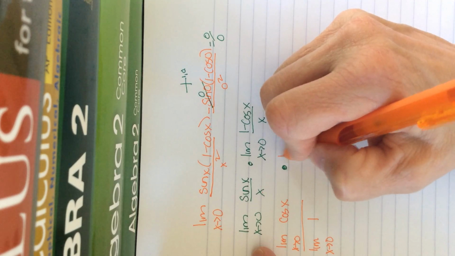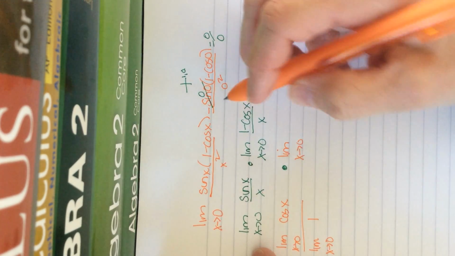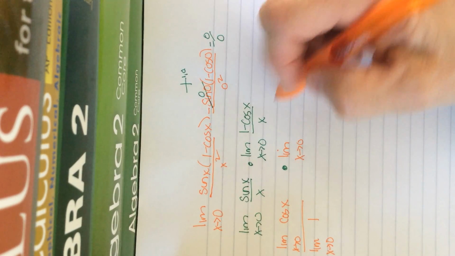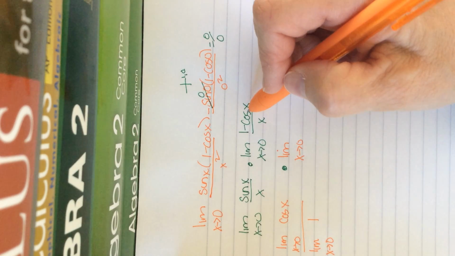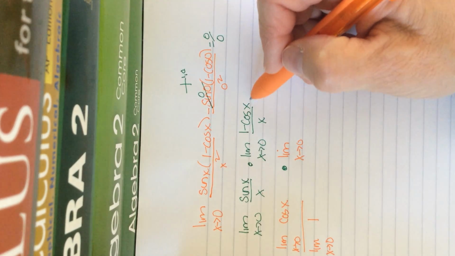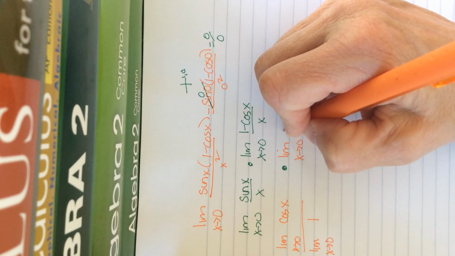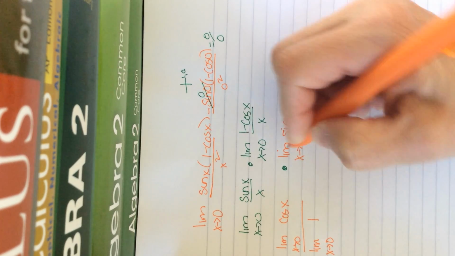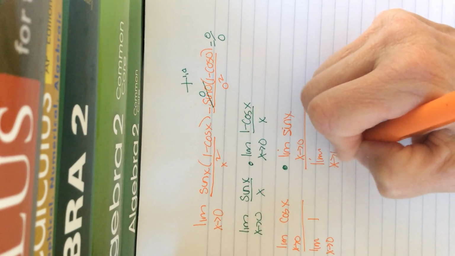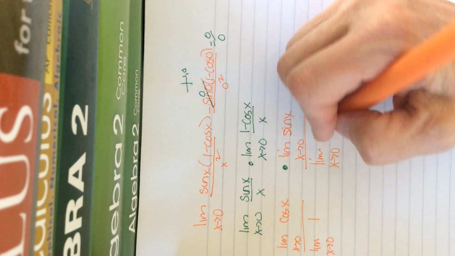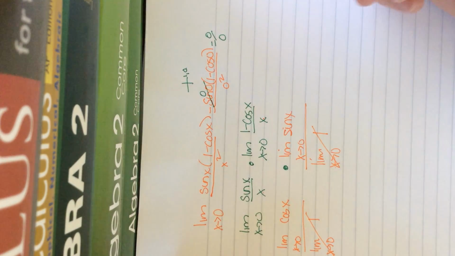The limit as x approaches 0. Find the derivative of the numerator. The derivative of 1 is 0. Now the derivative of cosine is negative sine, but the negative sign out front is going to make that sine of x, over the limit as x approaches 0. The derivative of this x is 1. So I can actually just ignore those.